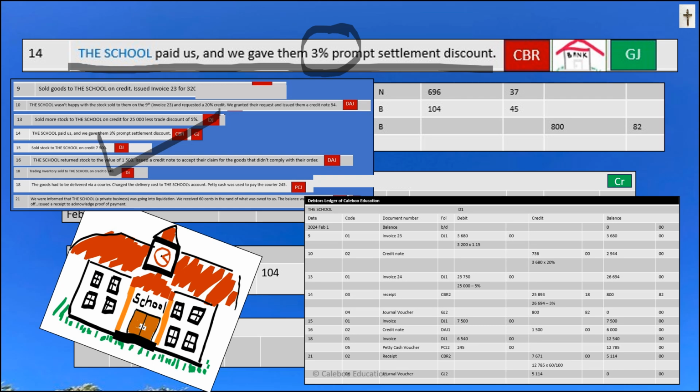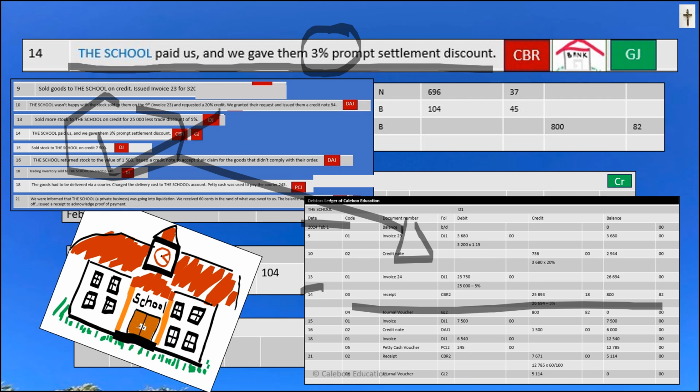We don't need to know all of them, but what would happen is all this information here would be posted to the debtors ledger, the account of the school in the debtors ledger. Then I would check on the 14th what the school owes us, and the discount is 3%. So calculate 3% of the amount that is owed, and that is how we get the amount.